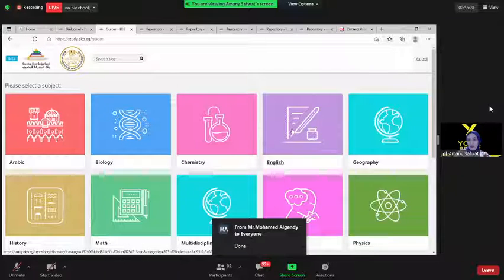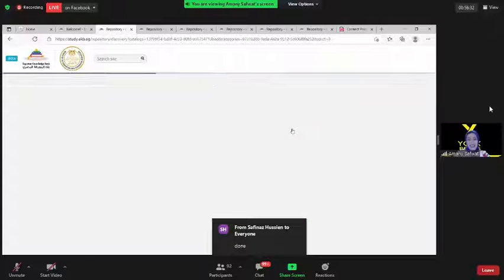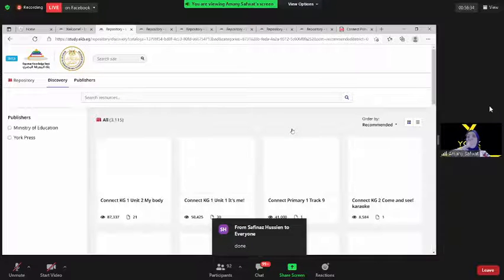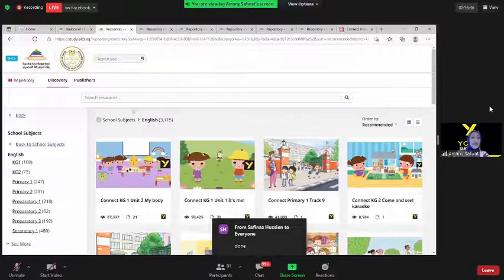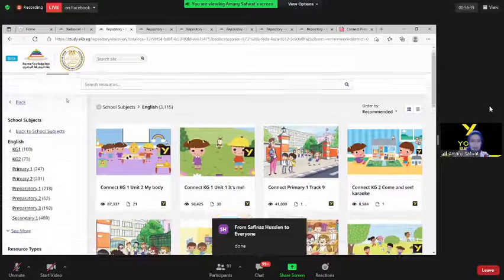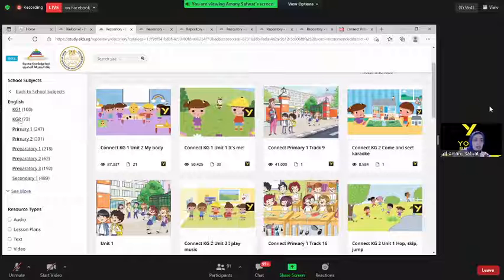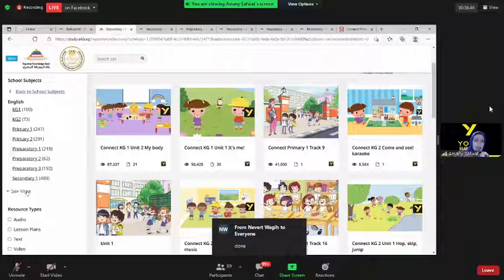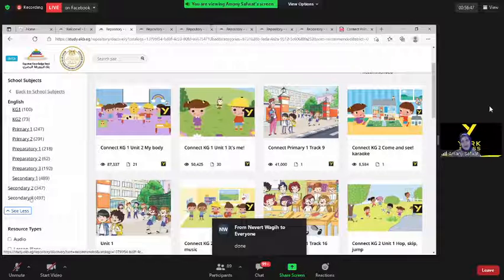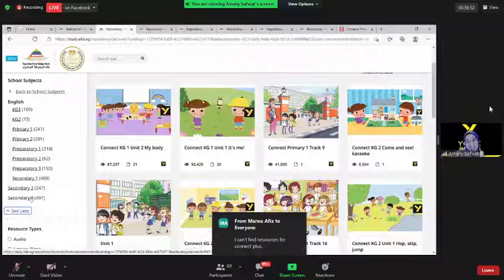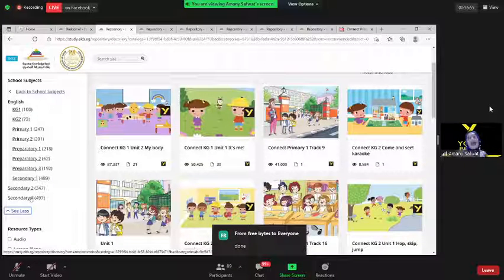For sure, we will choose English, and when you choose English, you will find all the resources related to English. And look at this. There is KG1, KG2, Primary 1, Primary 2, Preparatory 1, 2, 3, and then till Secondary 3. So we have resources for all of them. Primary 3 and 4 are not yet there, but they will be there very soon.